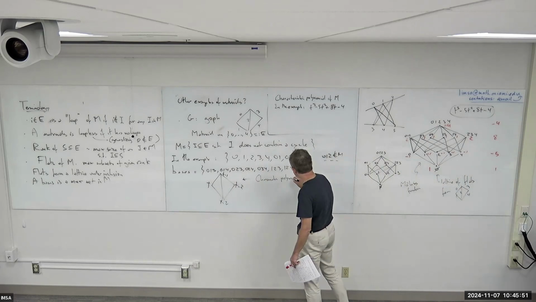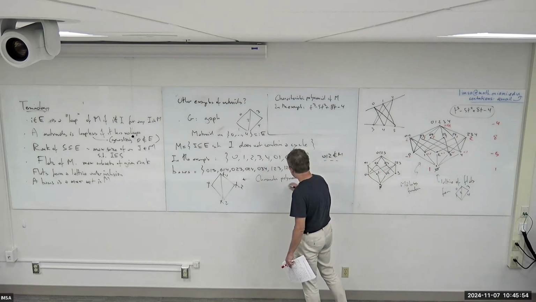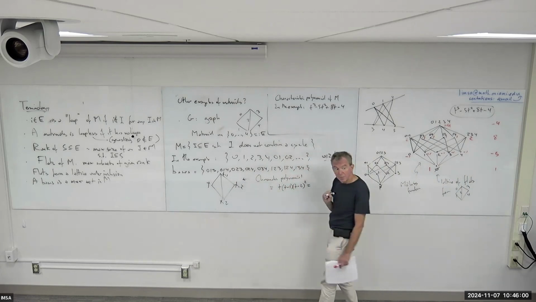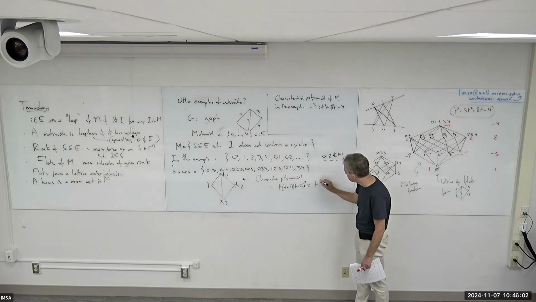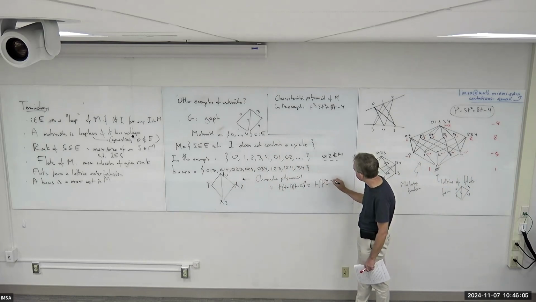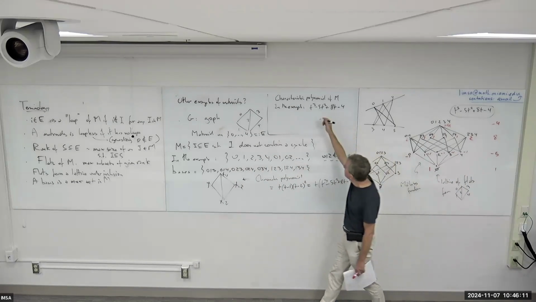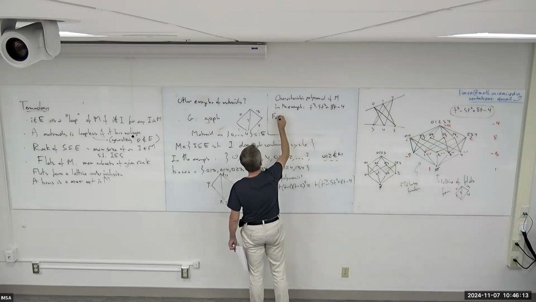The chromatic polynomial is t times all possible choices, t minus 1 squared. And to expand this, what do you get? So that happens, it's a fact.